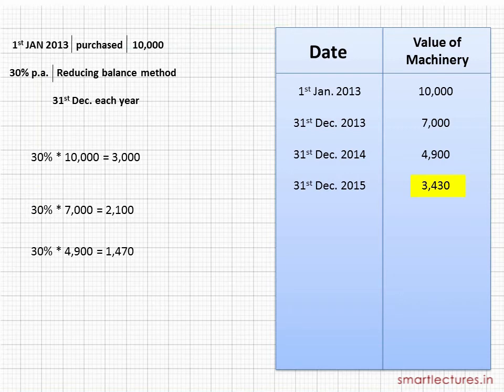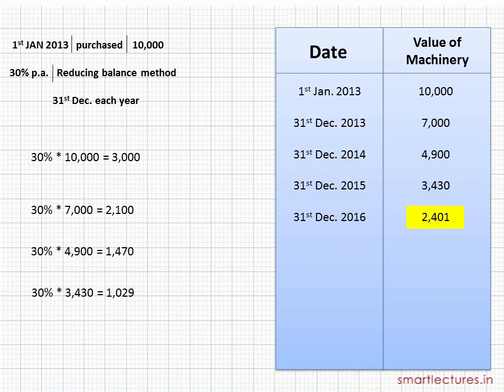Now come to the next year. On the day of closing, the depreciation will be provided 30% of 3,430. That will be 1,029. Be careful. If you find the value of depreciation in paise, meaning not in rupee, you will have to convert it into the rupee, because the depreciation is not provided in fraction of rupee.